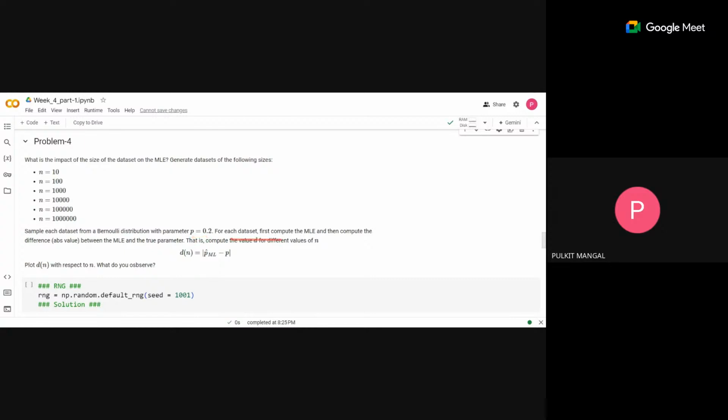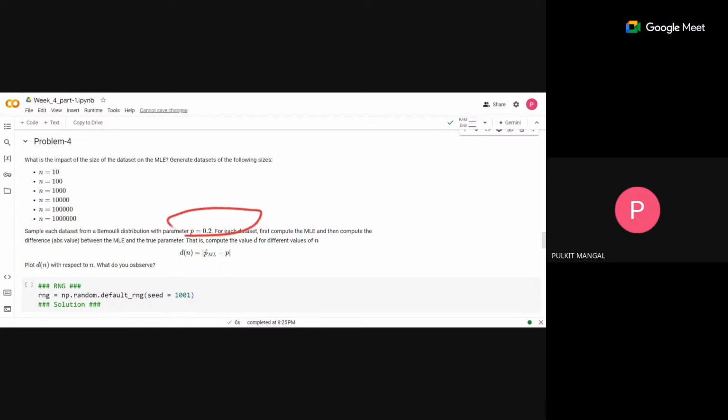For each data set, we'll first compute the MLE and then compute the absolute difference between the MLE and the true parameter. Let's say you start with 10: we'll sample 10 Bernoulli data points with p equal to 0.2.